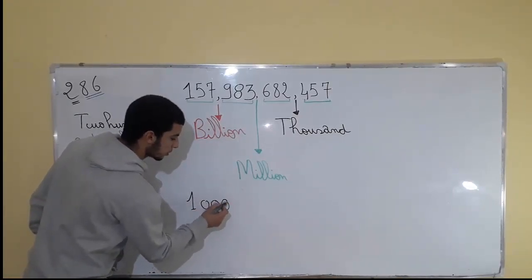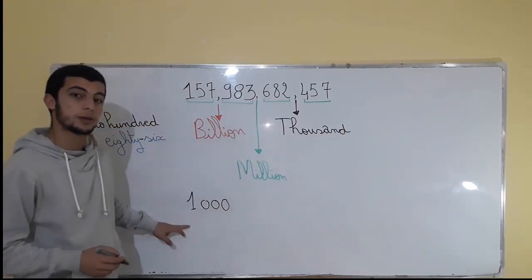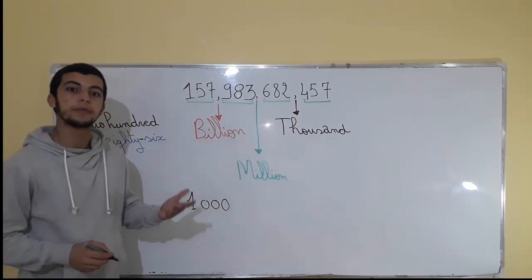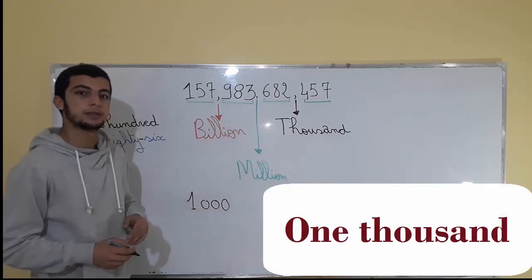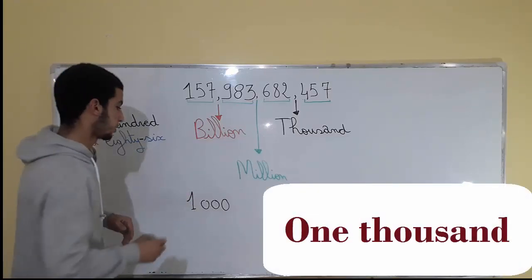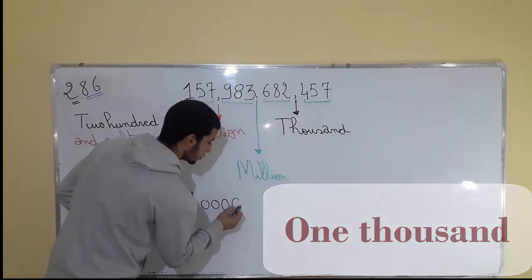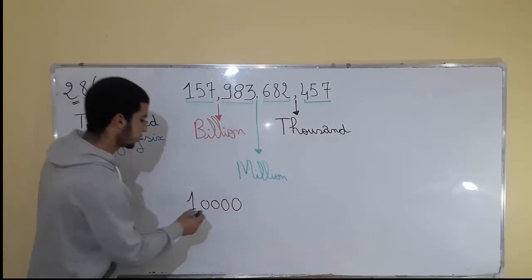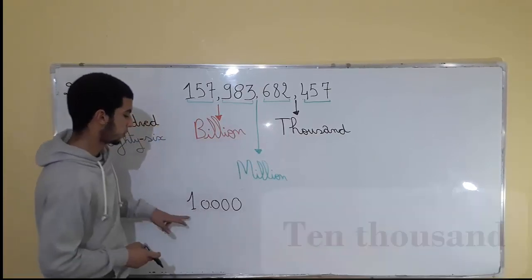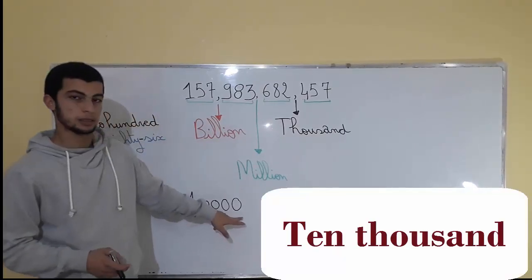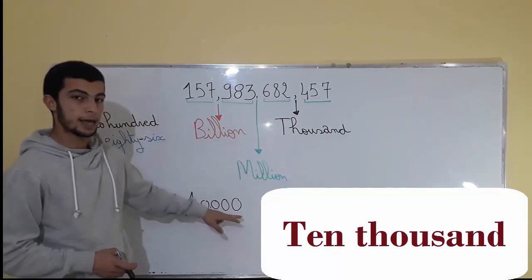What about this one? So this one is 1000. Great. What about this one? So we have 3 zeros and 10. So it's 10,000.